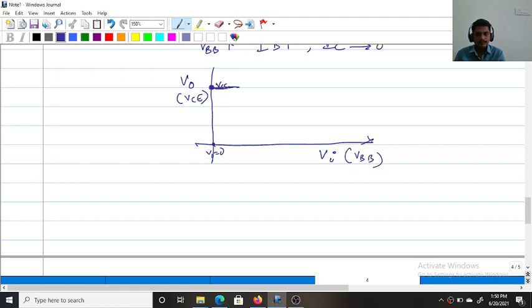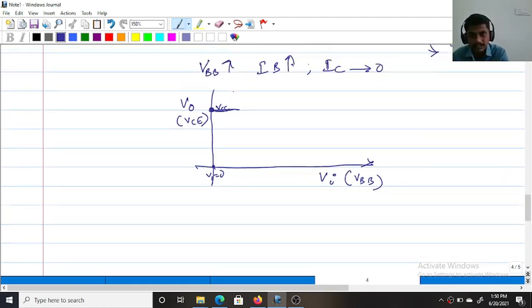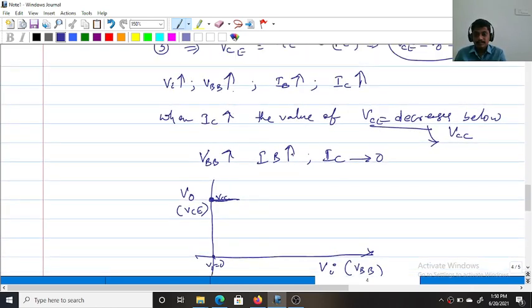But it does not take place immediately. Why? Because up to the cut-in voltage, even though the input voltage increases, IB remains constant. IB remains constant up to 0.6 volts only. So up to 0.6 volts, there is no change in the output voltage.